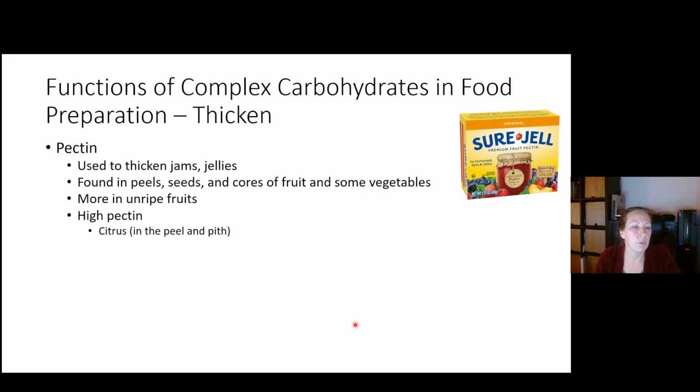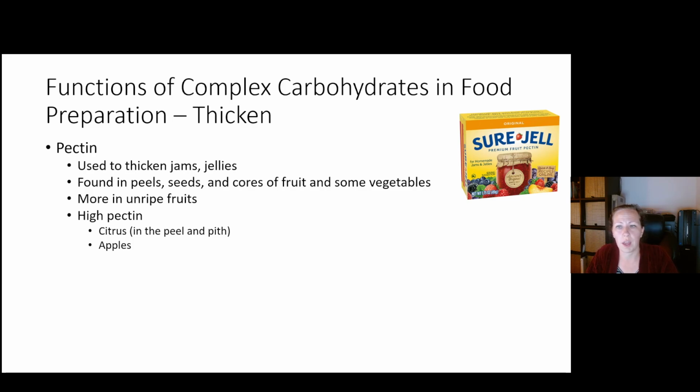So fruits that are high in pectin include citrus, primarily in the peel, and the pith, which is the white part that's in the core of the citrus. Also, pectin is high in apples, primarily, again, in the peel and in the core, the part that's less edible.